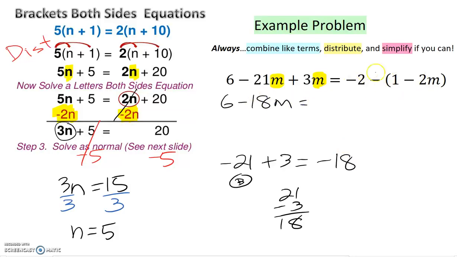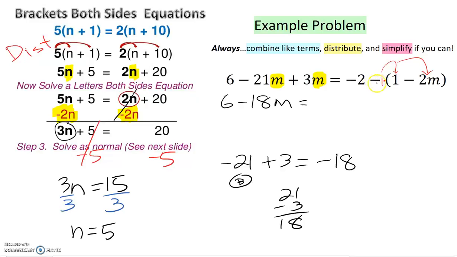And now let's take a look on the other side. What's going on here? Well, we have a number minus this thing in parentheses. Now, remember, when you have minus, you can always think of it as minus 1, and then there's multiplication here. So you're really distributing a negative 1 to everything that's inside. That's really what you should think about.